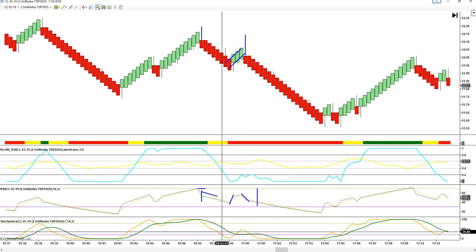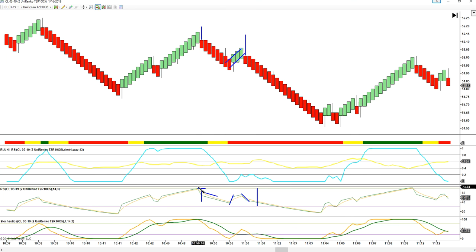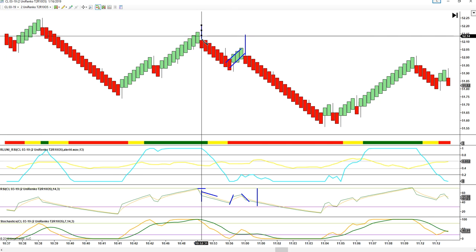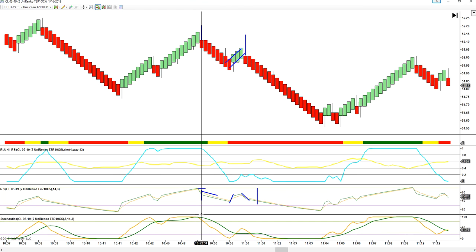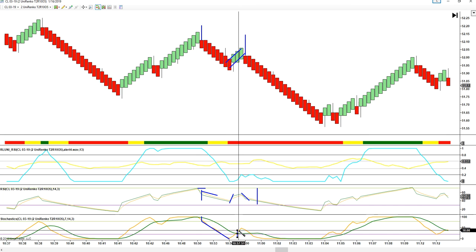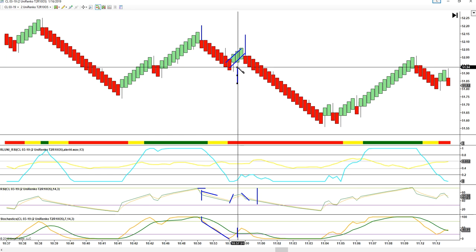Now stochastic does a better job. It gets you in also here, right here. And it takes you down to oversold territory, but it crosses back up to give you a long signal right here.